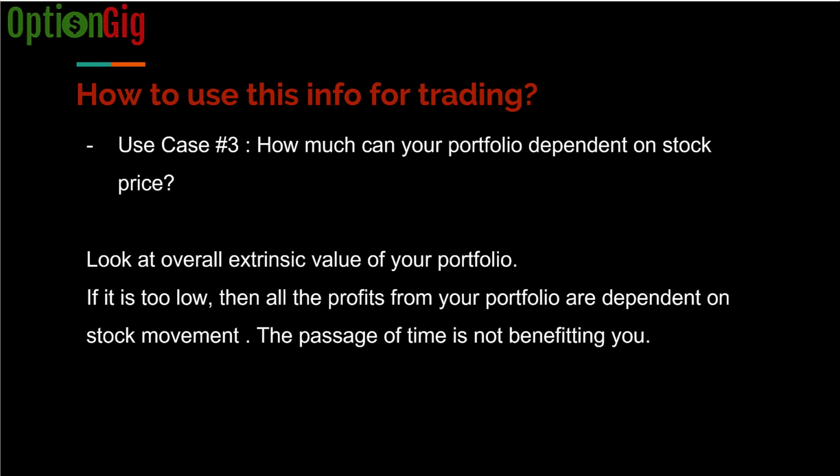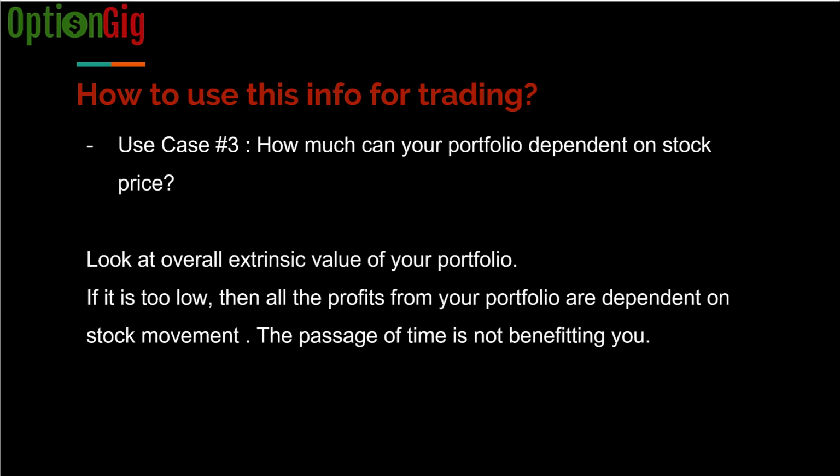The passage of time does not benefit you at all. As an option seller, the best thing for me is to sit back and let the time do its job. If your portfolio doesn't have enough extrinsic value, then we're not getting the benefit of letting time do its job.